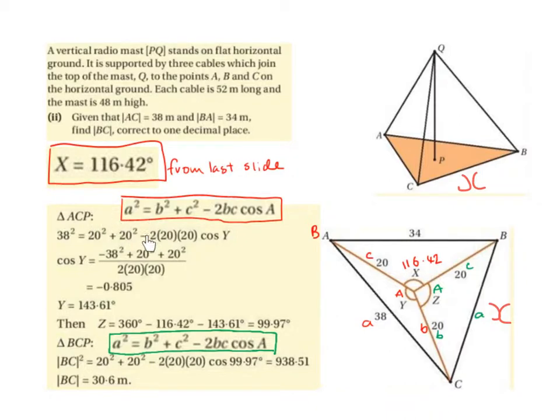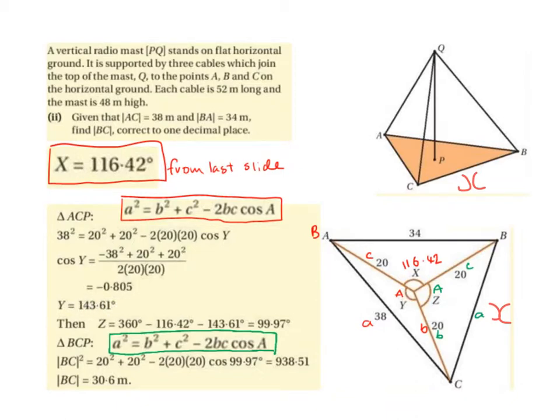Then the minus 2 times 20 times 20 cos of Y goes over the equal sign and becomes positive 2 times 20 times 20 cos of Y. Then we divide across by the positive 2 times 20 times 20 to get cos of Y on its own. We put all this into the calculator and we get minus 0.805, and then we use the inverse function, cos to the power of minus 1, to get angle Y, and it gives us 143.61 degrees. So angle Y is 143.61 degrees.